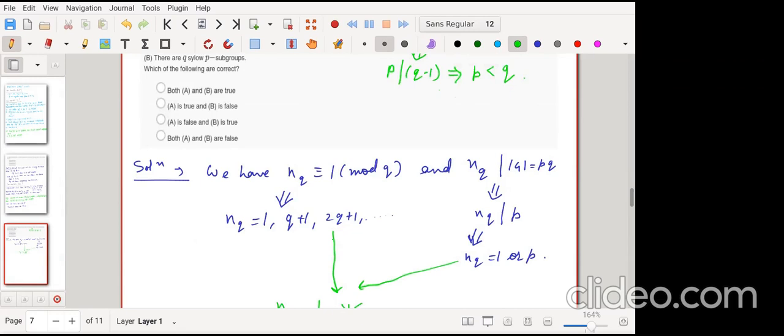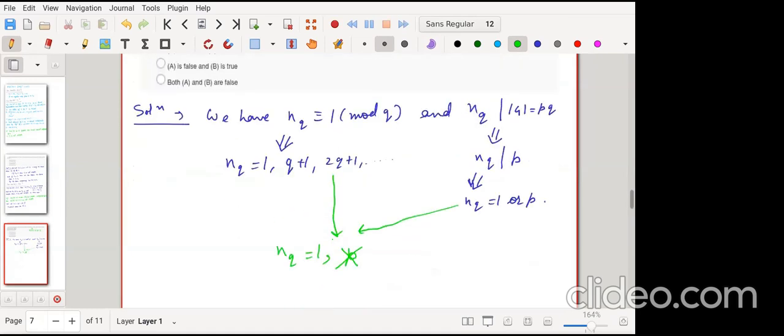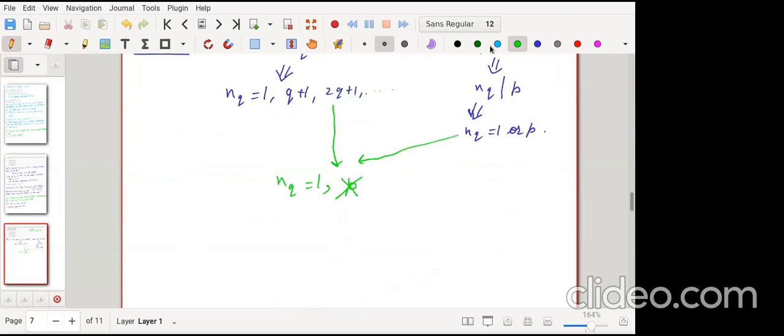If NQ equals P, it means P is congruent to 1 mod Q. It means Q divides P minus 1, which is not possible as P is less than Q. Good, Shalini.